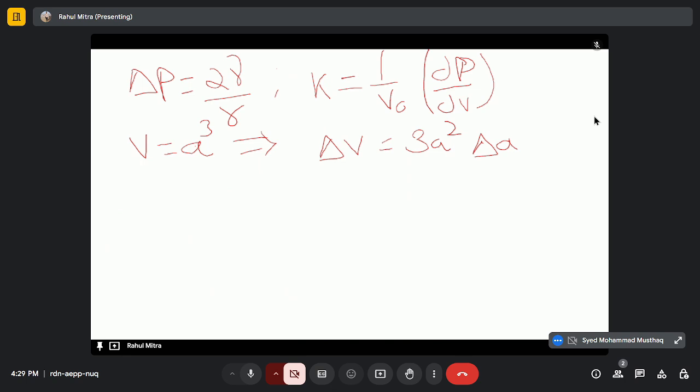Then K equals 1 by V naught into, what is the change in pressure?